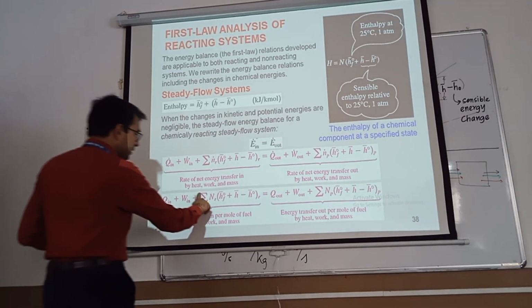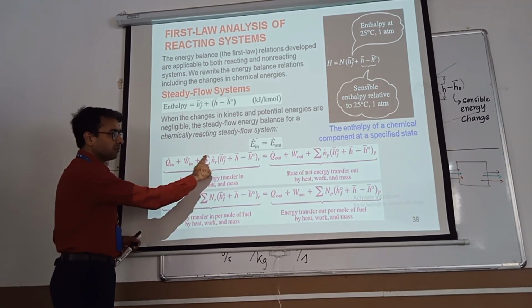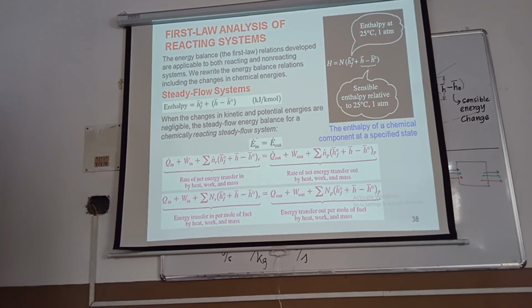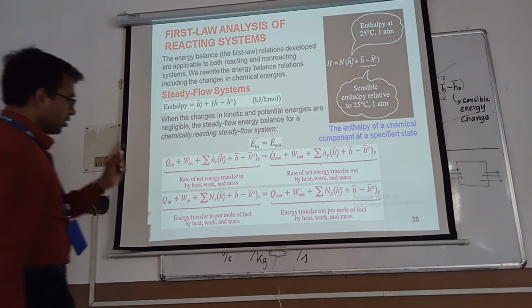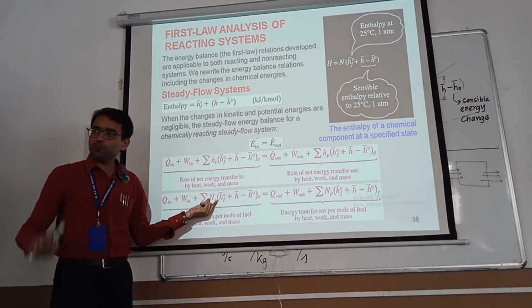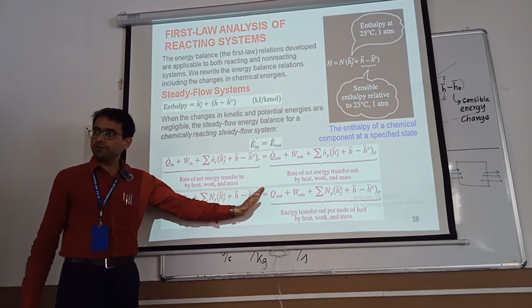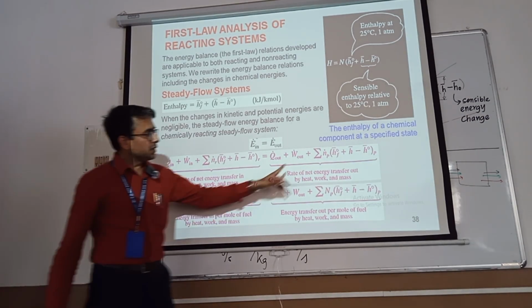Now when I write this summation, what is the meaning? When I write this summation it means for reactants. So you may have a number of reactants. For example, in the reactants, what are they? Fuel, then oxidizer, right? So fuel, then oxygen, nitrogen, etc. So say one hydrocarbon plus oxygen plus nitrogen we will add individually, right? And here you have products.